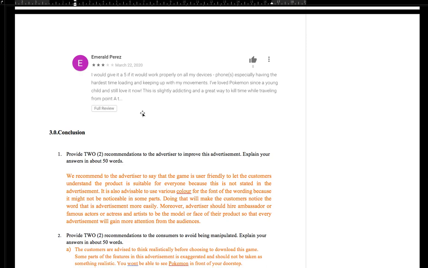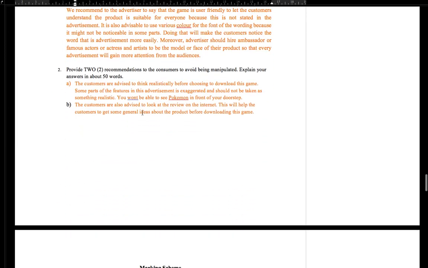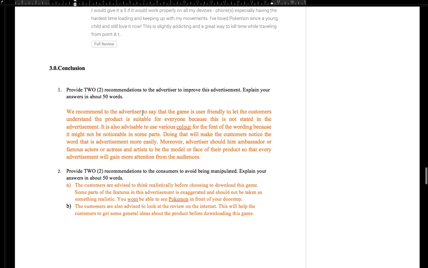Now let's move on to the final part, which is the conclusion. For the conclusion, you have to write 2 recommendations to the advert to improve this advertisement. So the first one, I think that we should highlight that this advert is very user friendly, so that the customers are able to understand how this product is suitable for everyone.